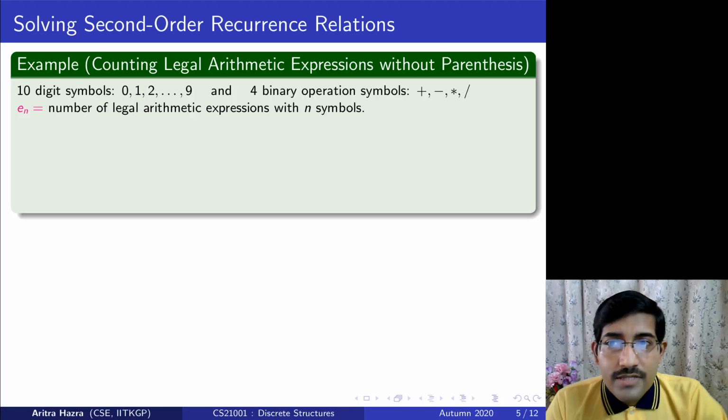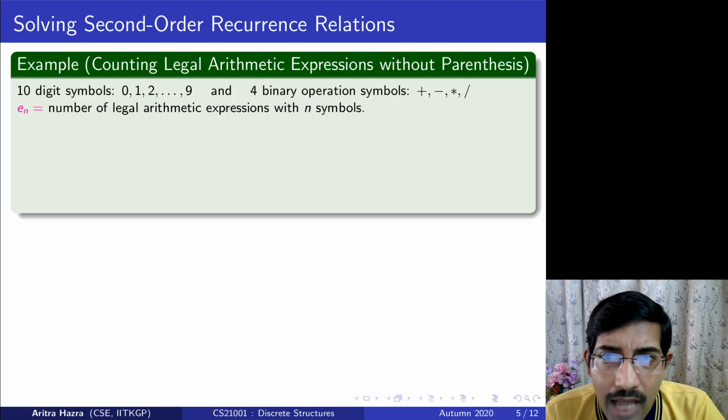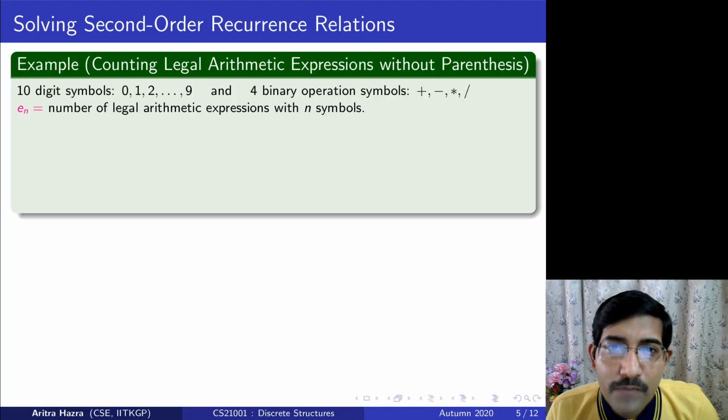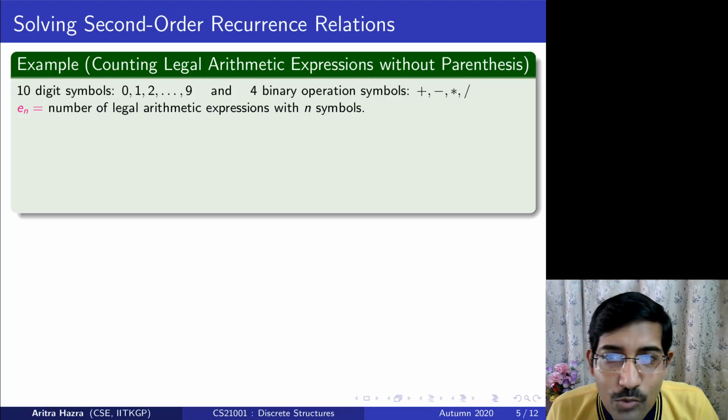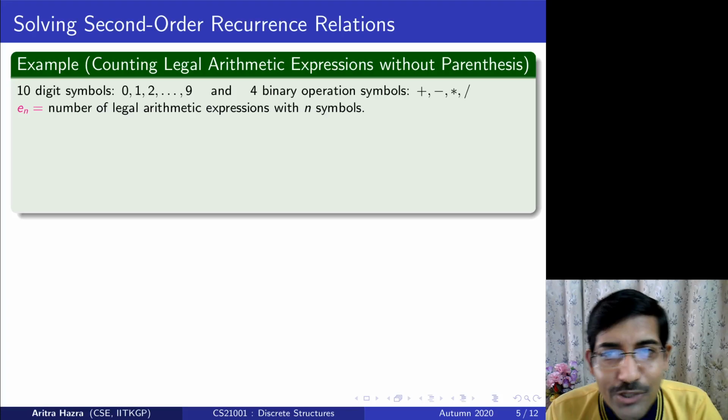So you can see it in two ways: the last position of the expression in these n symbols must end with a digit, because you cannot end with a symbol. Have you seen a legal expression that ends with plus, minus or star? Never, because it should be bounded by two digits at both of its ends. So its end point should be a digit.